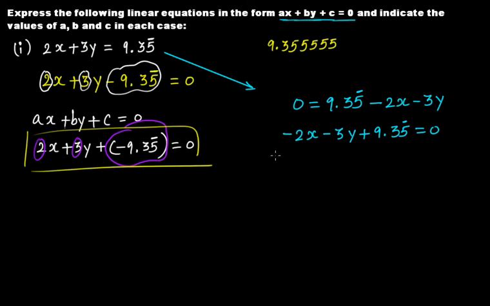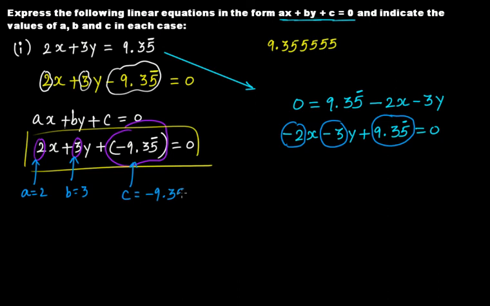Now in this case, when you have to express it in the form ax plus by plus c equal to 0, your a is minus 2, your b is again minus 3 and your c is plus 9.35 bar. Earlier your a was 2, b was 3 and c was minus 9.35 bar.